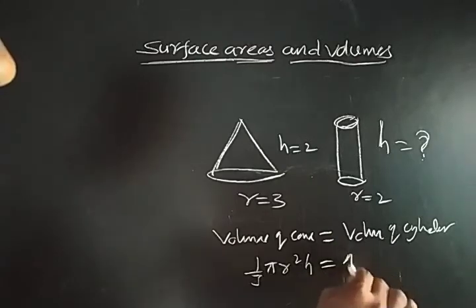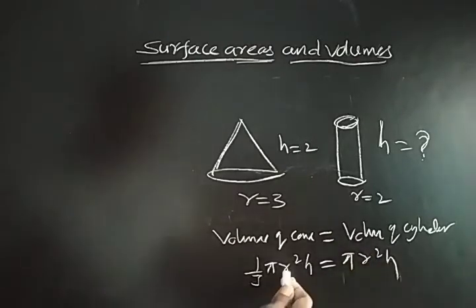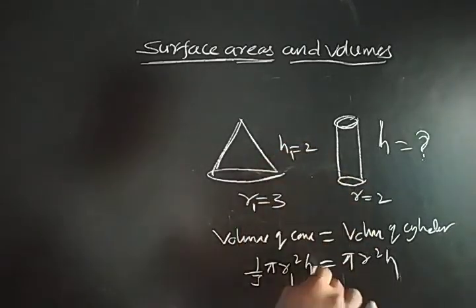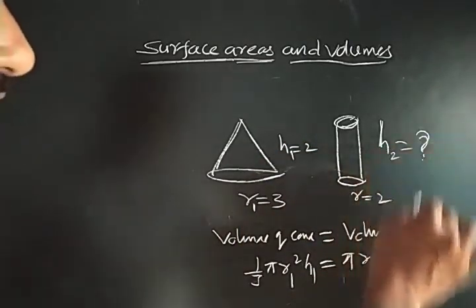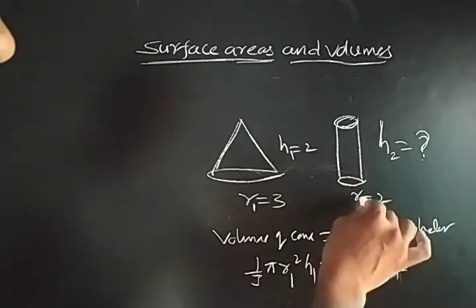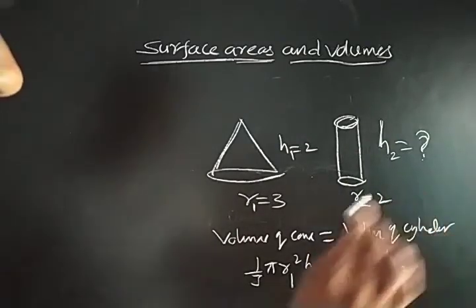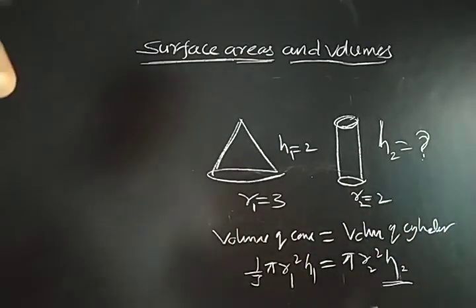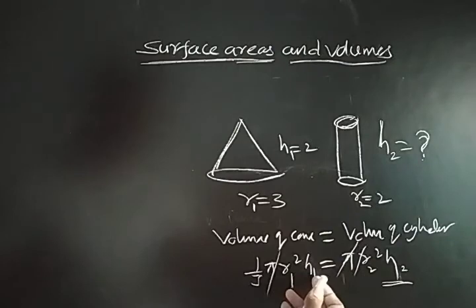Volume of cylinder is pi r square h. Here r1 is cone radius, h1 is cone height, h2 is cylinder height, and r2 is cylinder radius. We don't know h2, but we know r2, r1, h1. Here pi cancels. By substituting r2, r1, h1, you will get h2 automatically.